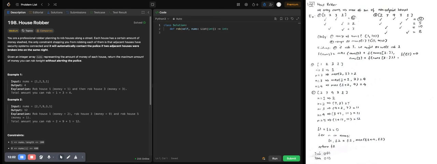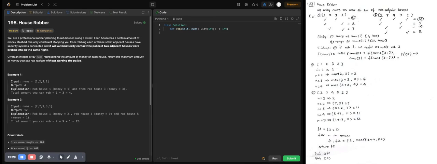And then when n is 2, let's see what we can do here. We could rob the house itself, or we could also skip and then rob the first house there.